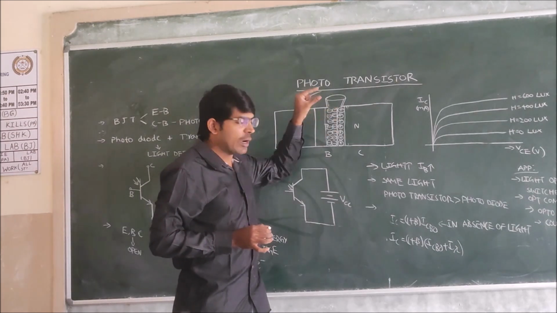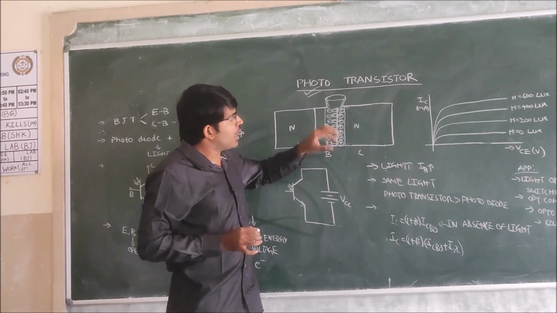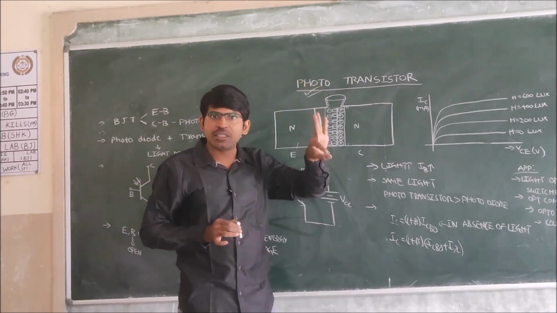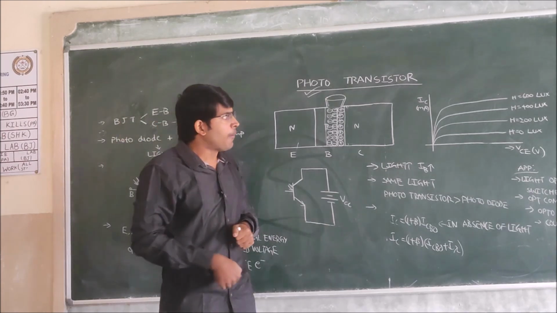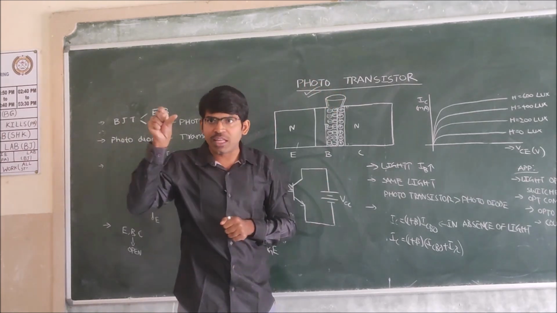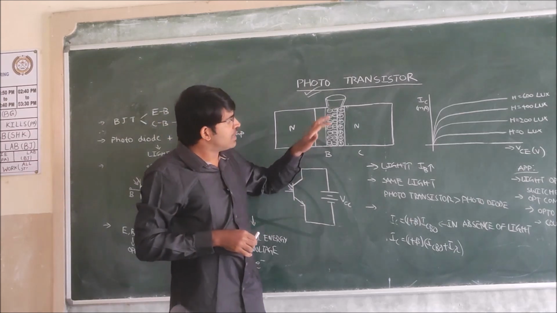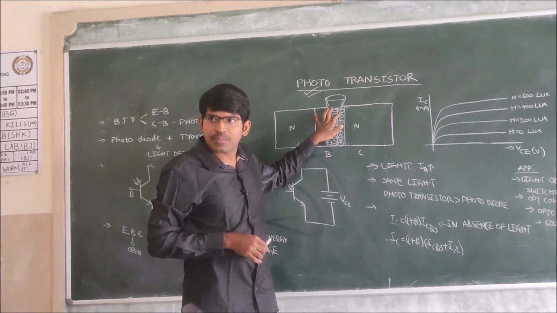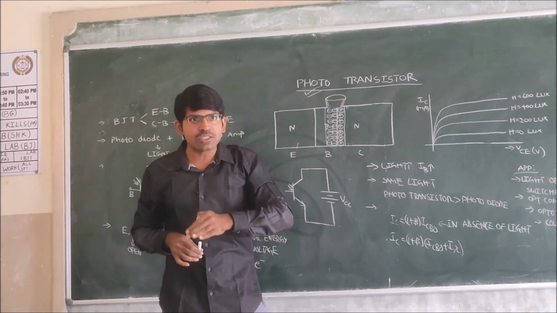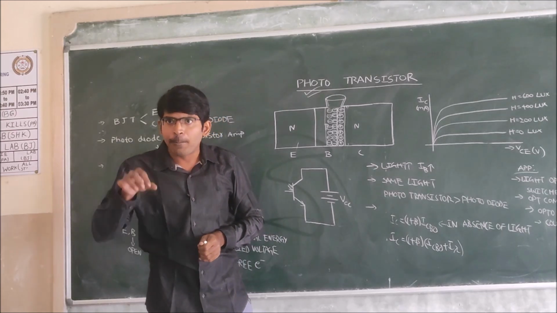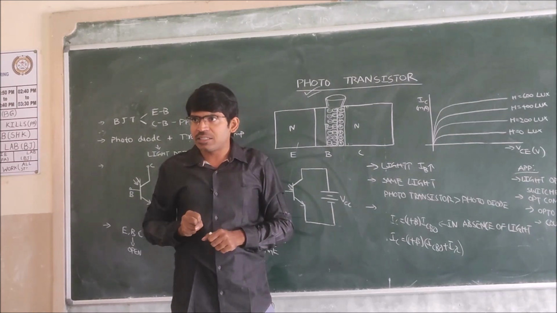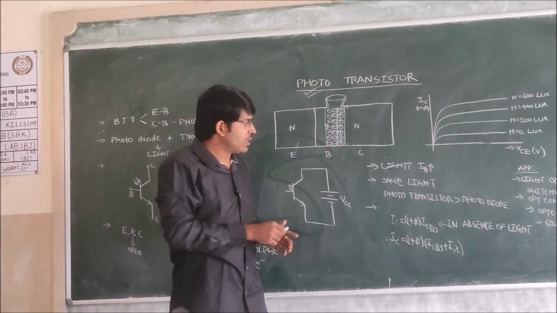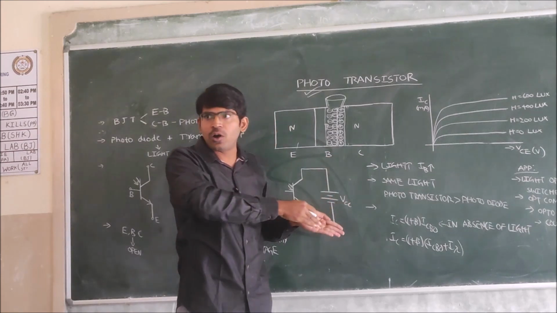But in the photodiode particularly, we have made this depletion region exposed to light. By taking that light energy with the lens, the light energy excites the electrons in the covalent bonds. By taking the energy in the form of light, these electrons go from the covalent bonds and come out.